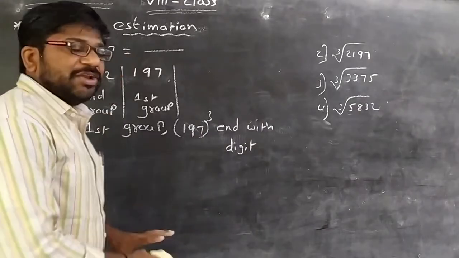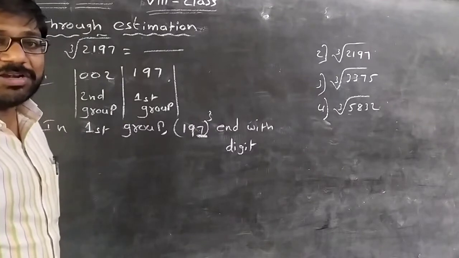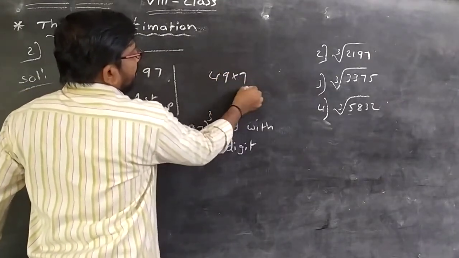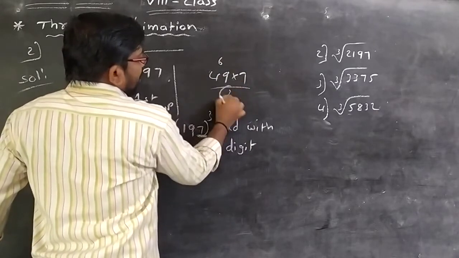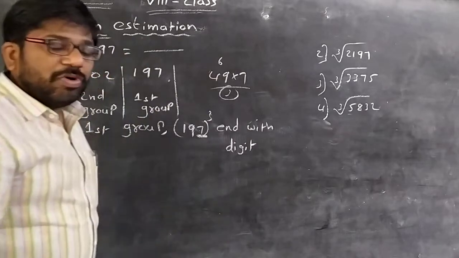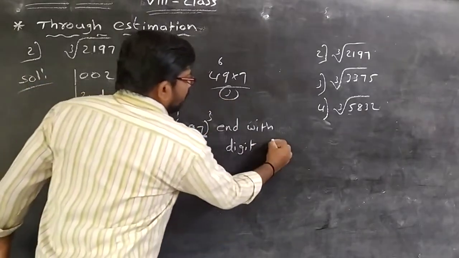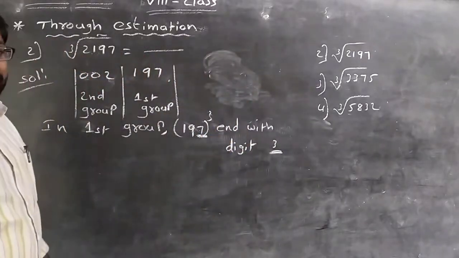So the units digit is 7. 7 cube: 7 sevens are 49, 49 times 7, 7 nines are 63. So 7 cube ends with digit 3, right? So it comes in the units place.